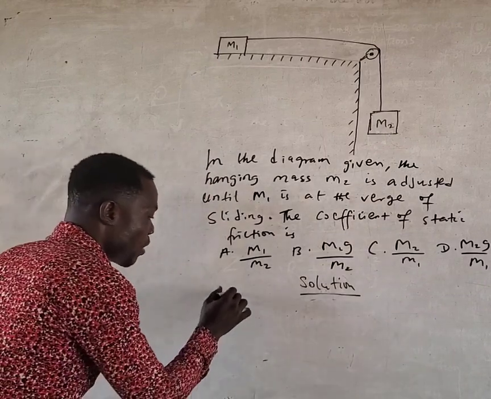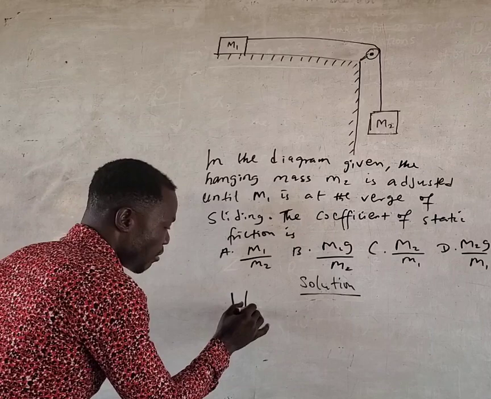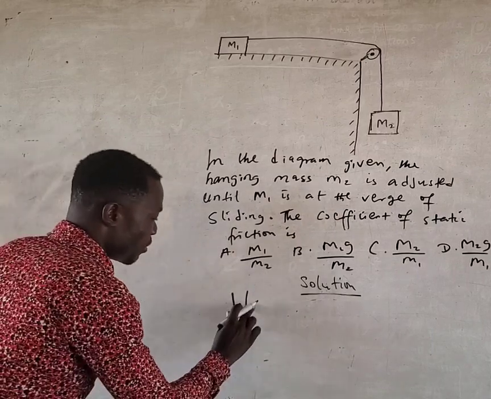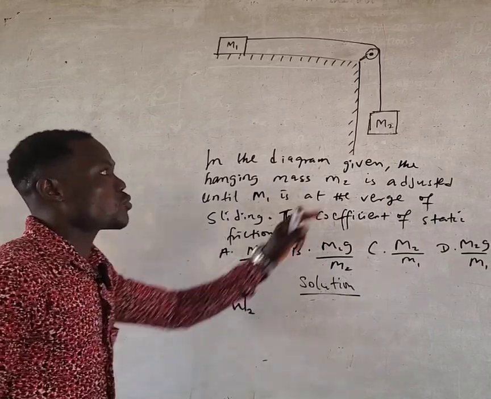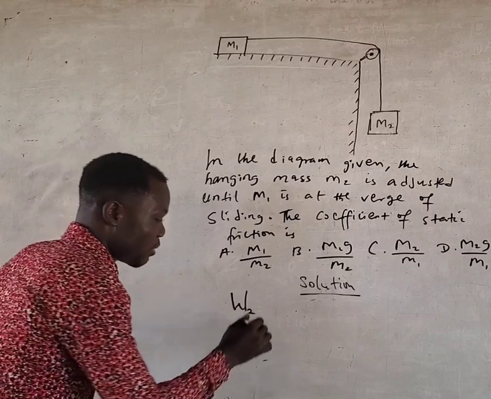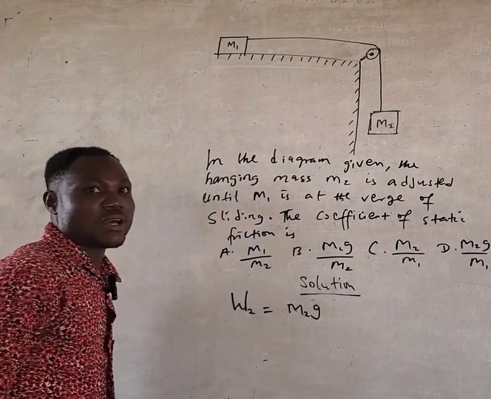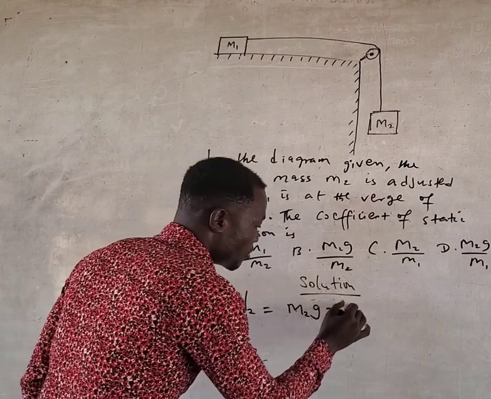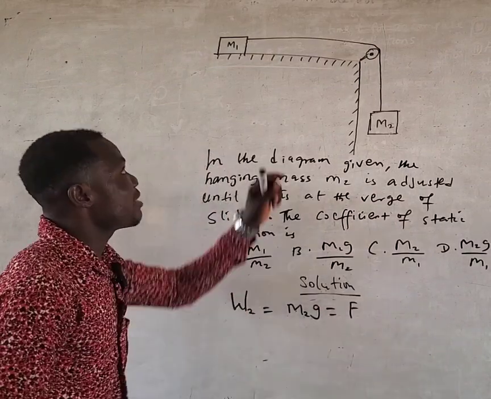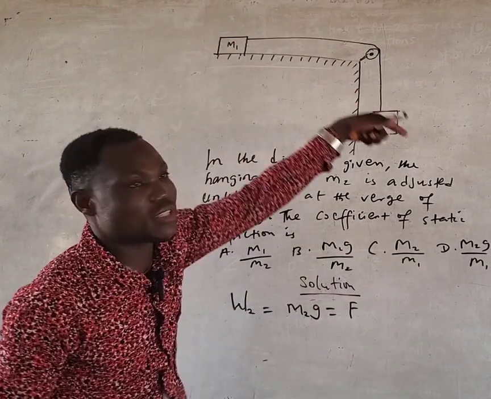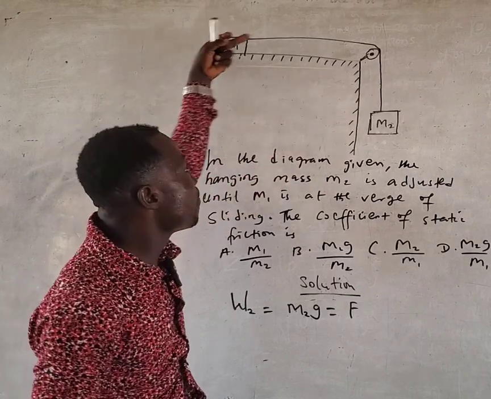So we have that the weight W2 due to this mass M2 is equal to M2G, and this weight is equal to the frictional force F, because that is the force that will drag this or that tends to move this.